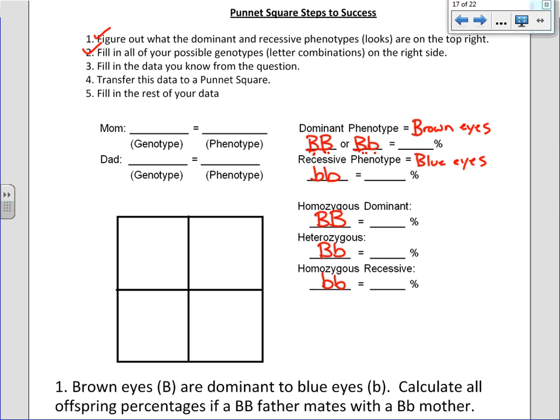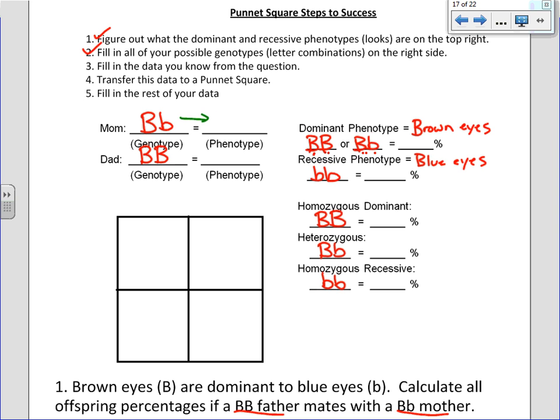Fill in what you know from the question. In this case, all we know, again, is about mom and about dad. So we know that dad is big B, and mom is big B, little b. So we can then turn this information into some new stuff. But now we have to start thinking about it.